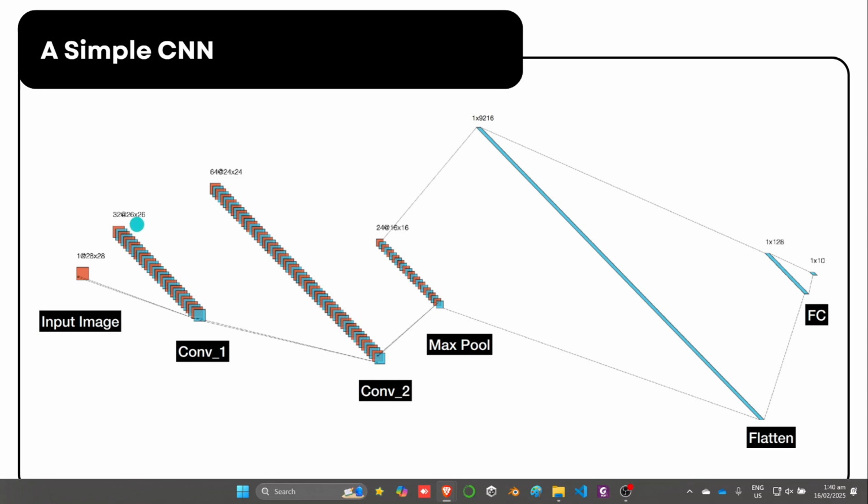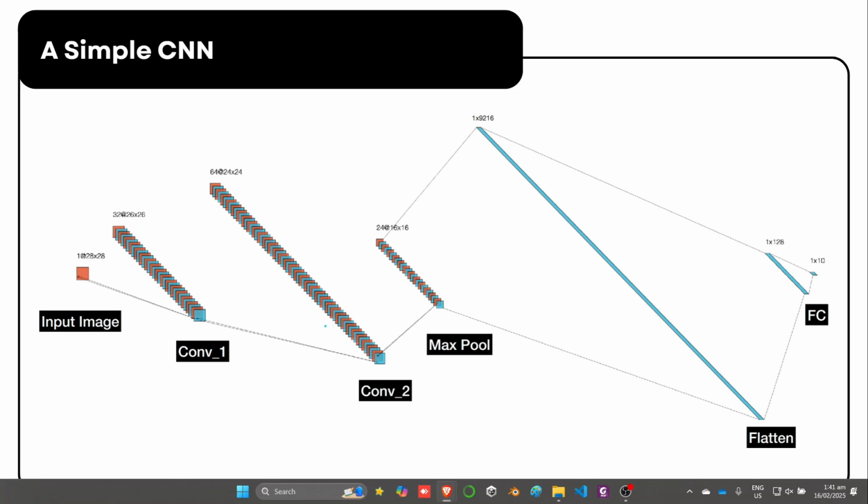We're using 32 filters in this example, and we have 32 feature maps as output. The feature map output is 26 by 26. Then we have another convolutional layer, so we apply the filters again and we get 24 by 24. This time we're using 64 filters to produce 64 feature maps.